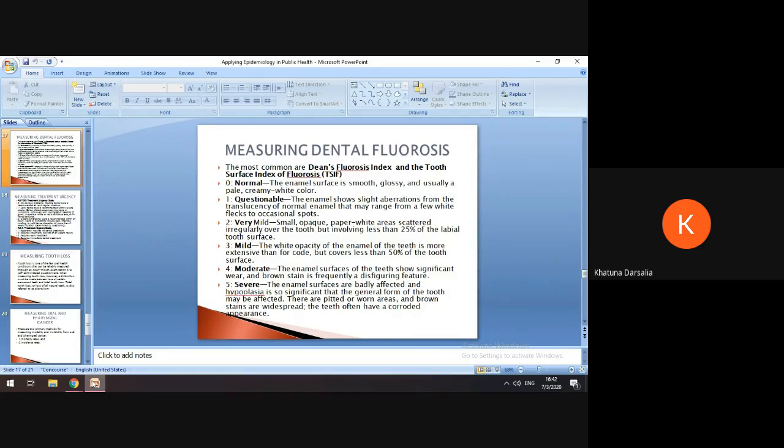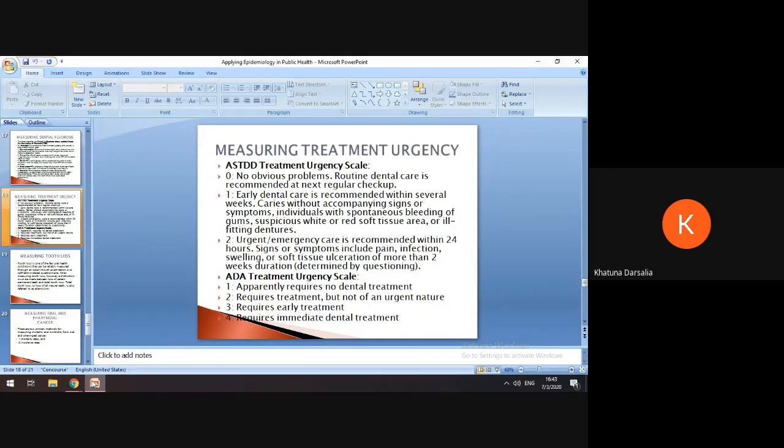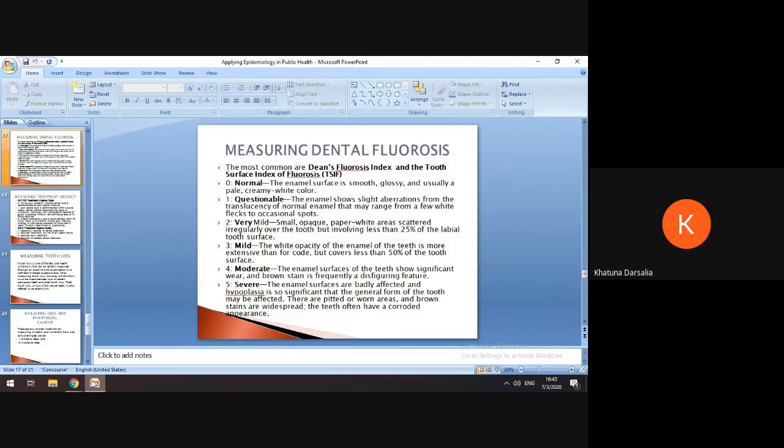However, it is time-consuming, and the World Health Organization recommends that community surveys use Dean's fluorosis index. The criteria for Dean's fluorosis index and the tooth surface index of fluorosis are listed here, and we can read this chapter.